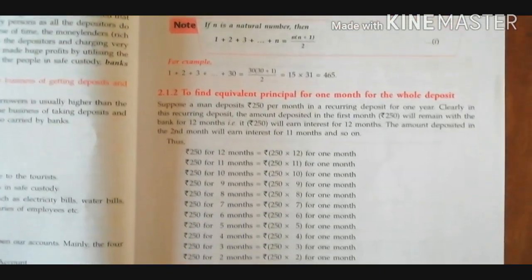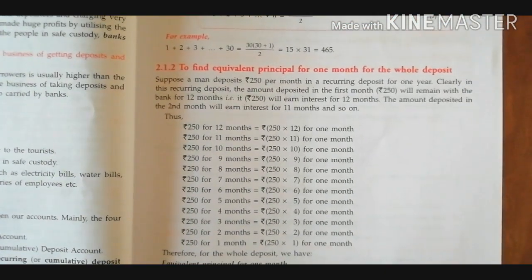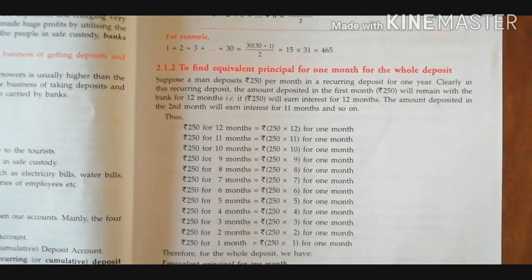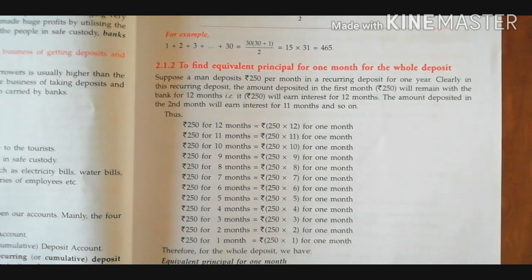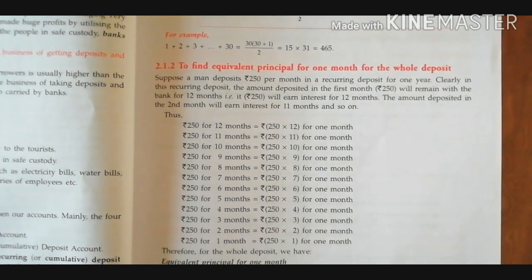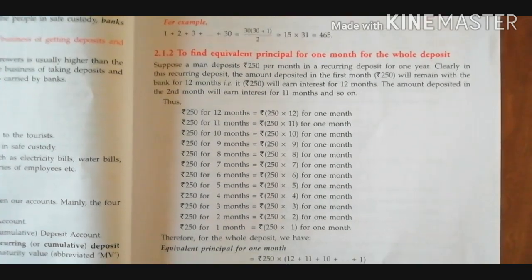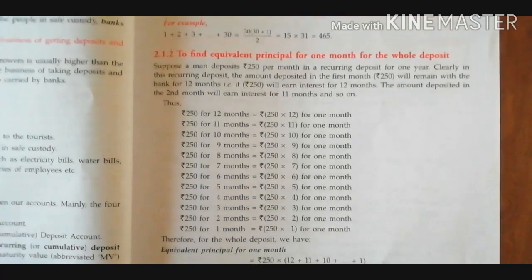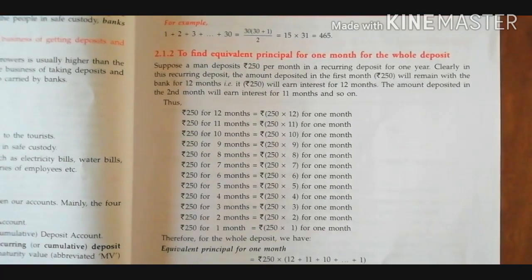Next, suppose we are considering one recurring deposit in which we are depositing rupees 250 per month, for a year. How do we calculate this? Here is the explanation of how we get the formula.